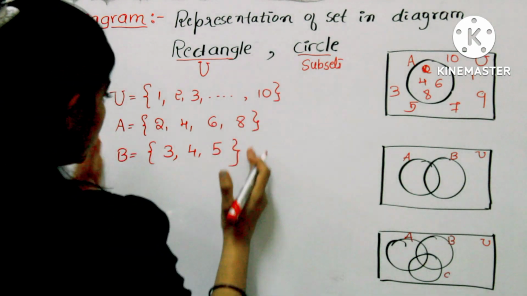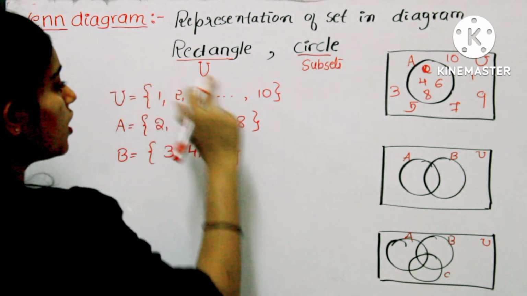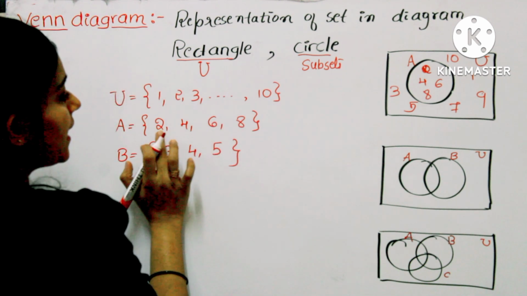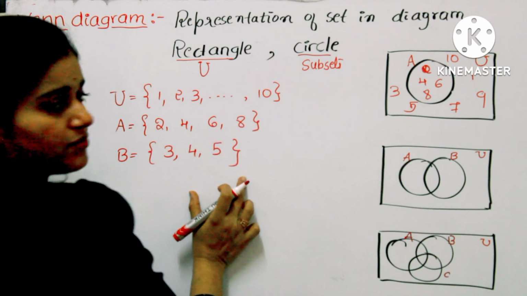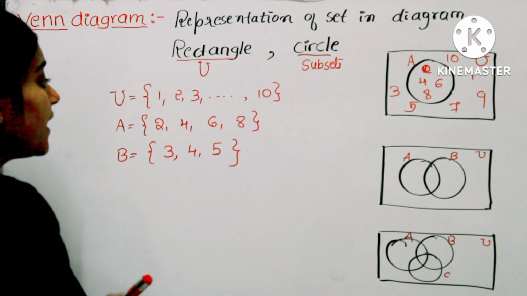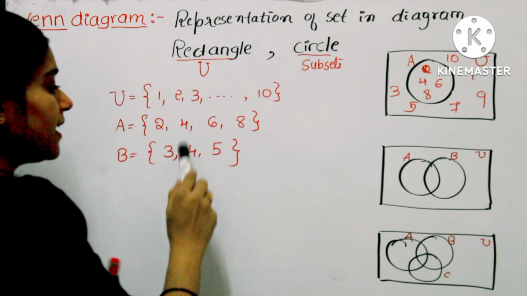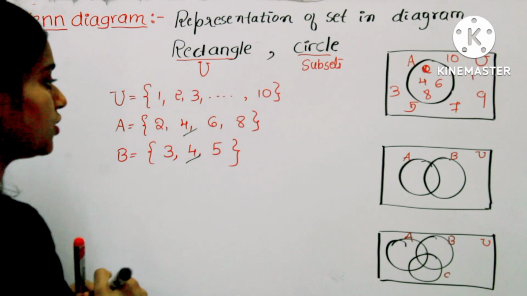Similarly, if there are two subsets for the universal set, then you have to represent them in this way. First you should write the elements of subsets A and B. Before writing that, you have to see if there are any common elements in A and B. Can you see here, 4 is there in both.